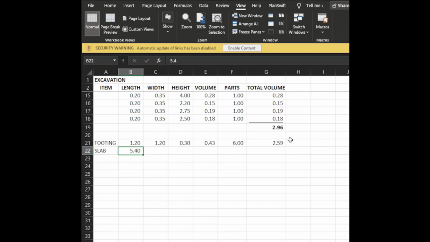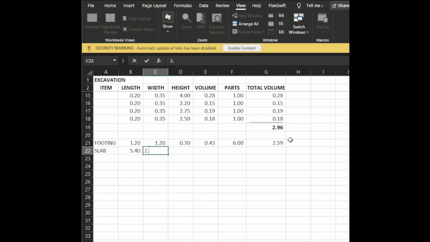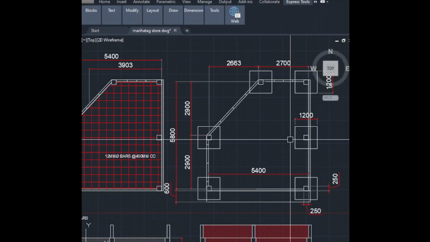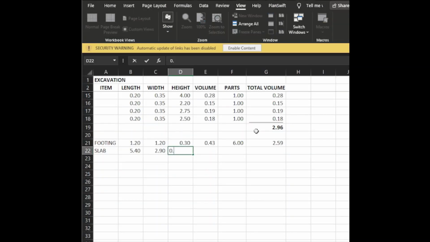We have 5.4 length, then 2.9 width, then the thickness of our slab is only 0.1.